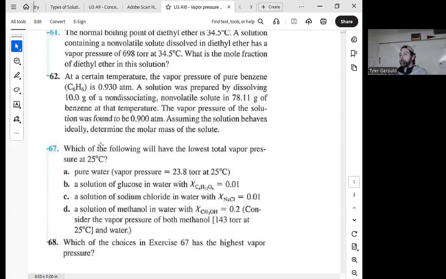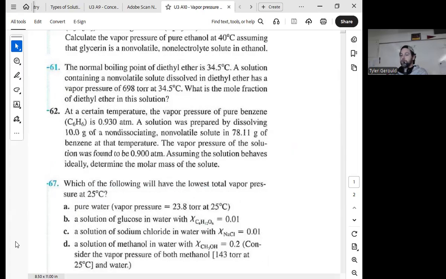A good question about 32 or 62 is just looking at the equation and manipulating it for what you're trying to solve for. So we have benzene, which has a vapor pressure. So let's let that be our solvent. Here's its pure vapor pressure.